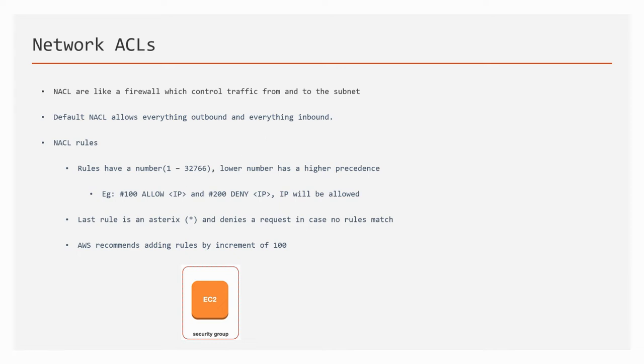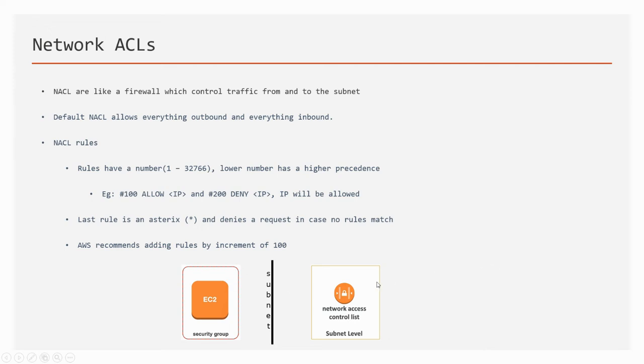Because EC2 will reside behind a subnet, you can think pictorially in this way. Then the access control list sits just outside the subnet. So any request coming in to the EC2 will need to pass through the network access control list, and only then will it ever reach the subnet.